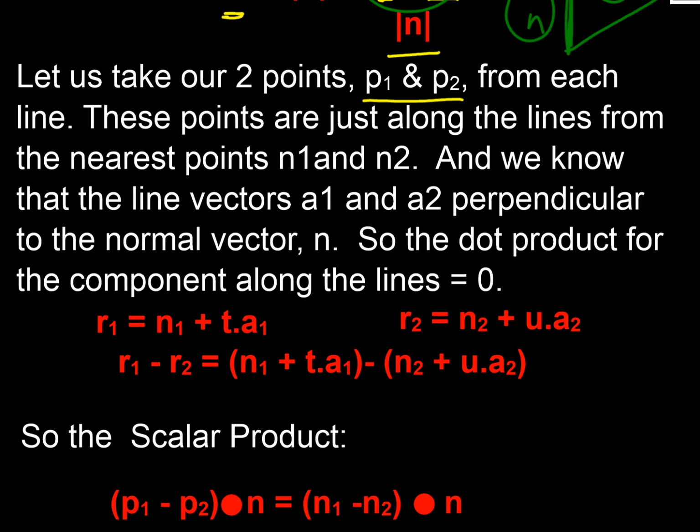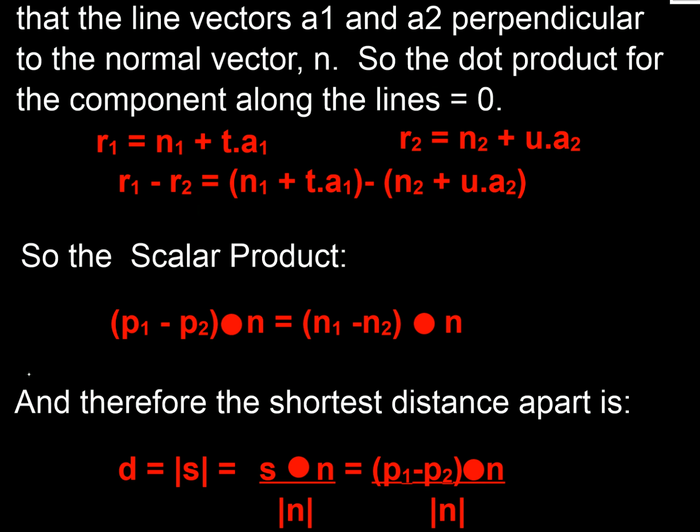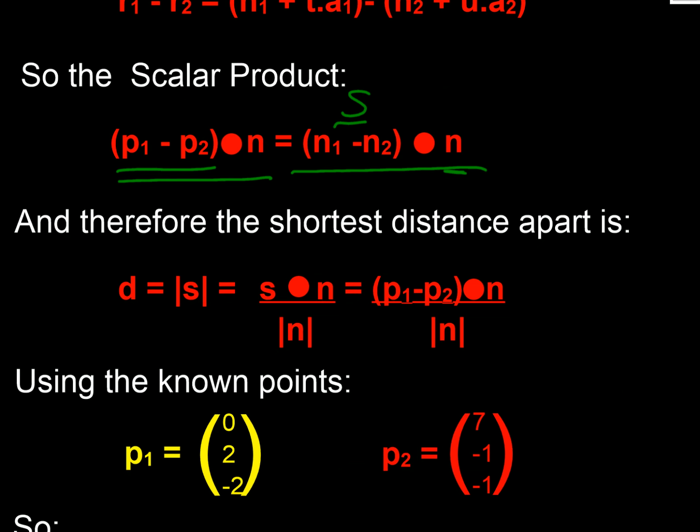Therefore my N1 N2, that's my S, dotted with N, is always going to be the same as my P1 P2 dotted with N. So all I need to do is find P1 minus P2, dot it with N, and then divide by the magnitude of my normal vector N.